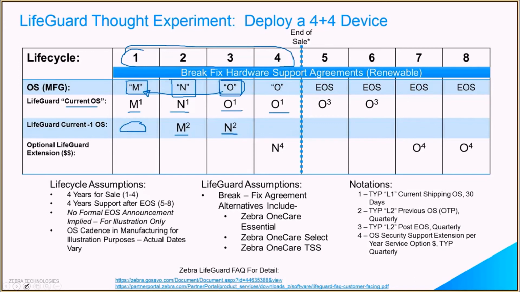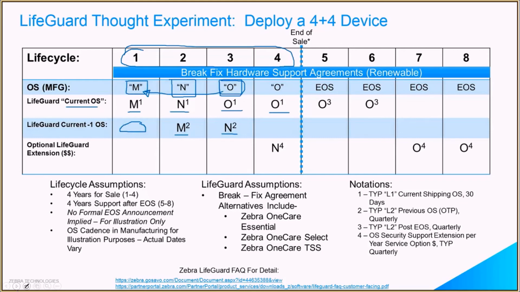Like at the top, it says deploy a 4x4, 4-year manufacturer, 4-year hardware support device. But we do have these broken down by specific devices. So maybe even just to have that discussion between Zebra and the partner as to expectations and maybe how to set that expectation with your end users. To have this discussion, we've got these cheat sheets that you can use.